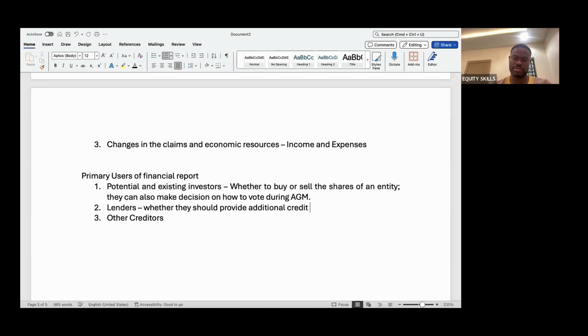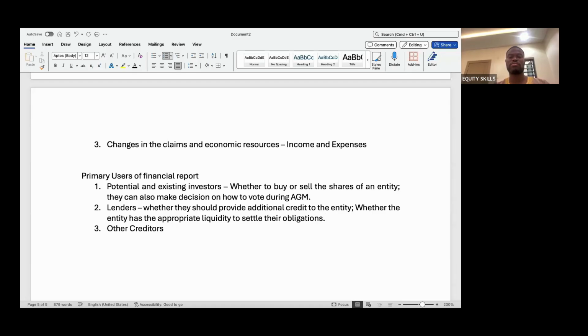And also, they want to have that conviction from the report you give them, whether the entity has the appropriate liquidity to settle the obligations. Would they be able to pay back? Can they pay back? Do they have sufficient profit, liquidity, and all of that?